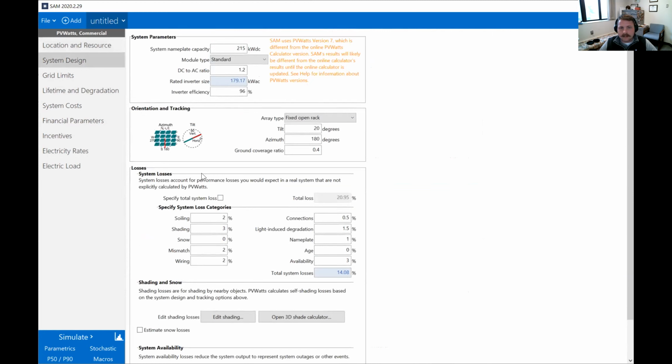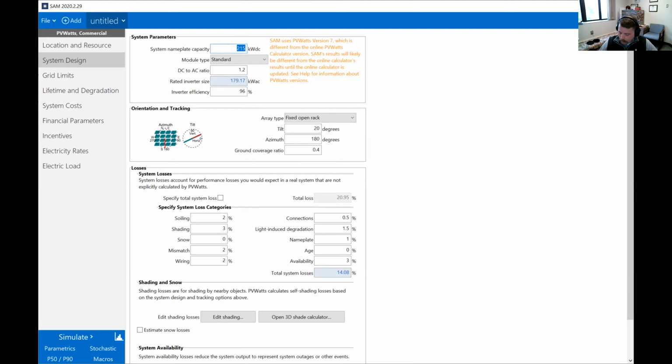Now we get to select the system design, and this is where we have to go back to either the project file that we have. Maybe we also have some idea of how big a system is, and if we don't, maybe we just make a crazy guess about how big it's going to be, and then we'll optimize for that later to figure out if we're right.